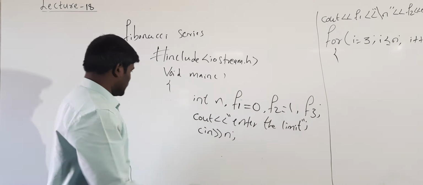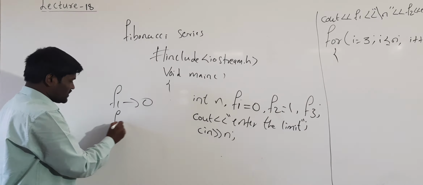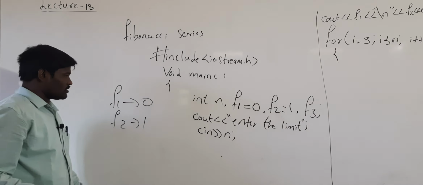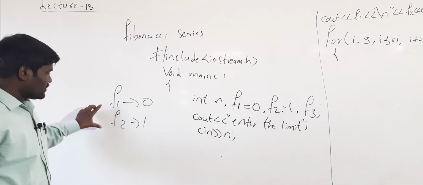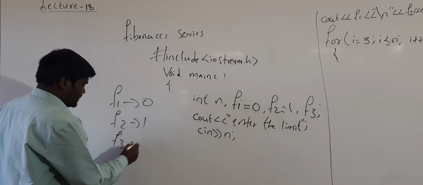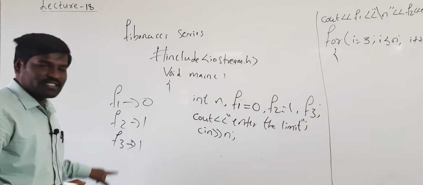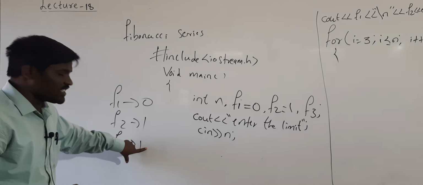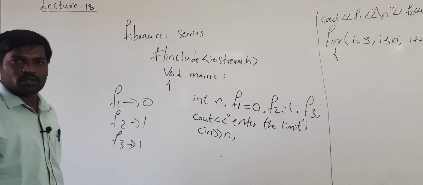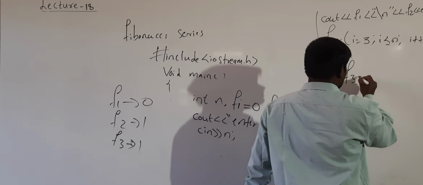See here, Fibonacci 1 is 0, Fibonacci 2 is 1. So Fibonacci 3 is 0 plus 1. F3 is equal to F1 plus F2.